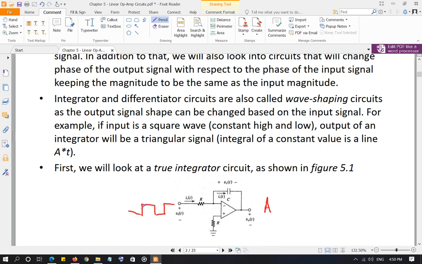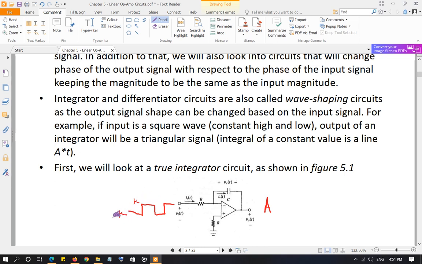And remember, when you take the integral of a constant, say a square wave that goes between negative k and k, the integral of a constant value is a slope, or a function of t.